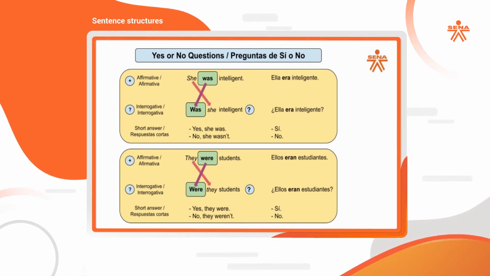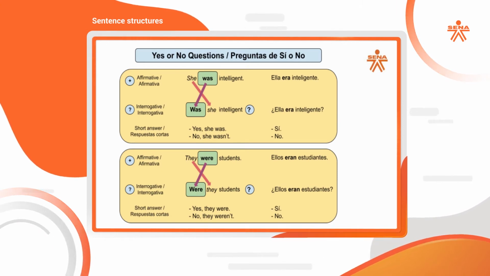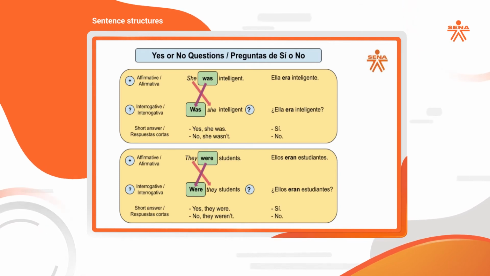It's very different from Spanish because in Spanish we have the same structure. The only thing that changes is how you say it, the tone of your voice. For example, an affirmative sentence in Spanish, ella era inteligente. You are affirming that. You are saying that that is true.